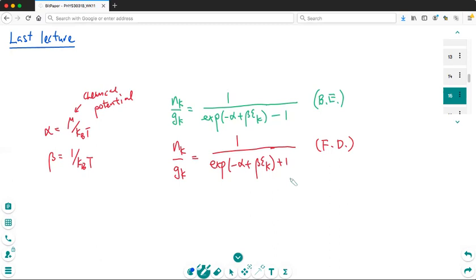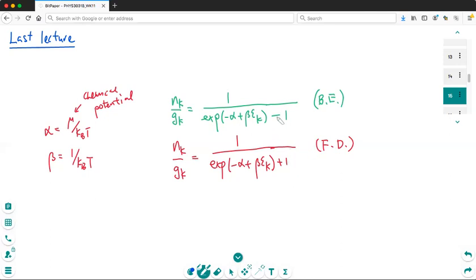So you need to really remember how to derive it, and better try to come up with a way to memorize this difference, this +1 or -1. I told you how to do that last time. If you are not sure, go back to my lecture on Monday. There's a video available for this.